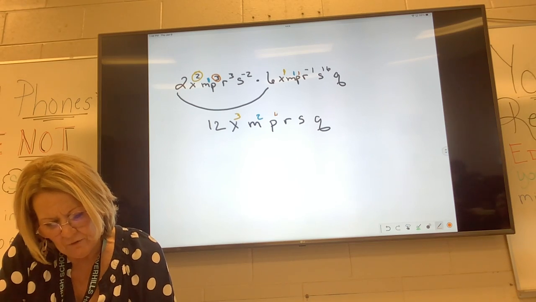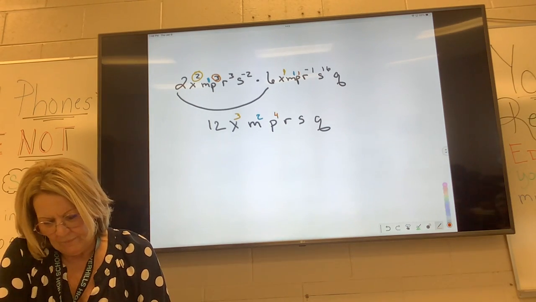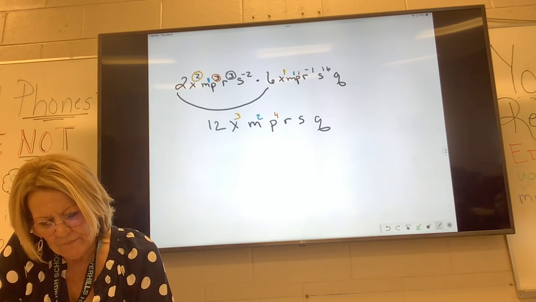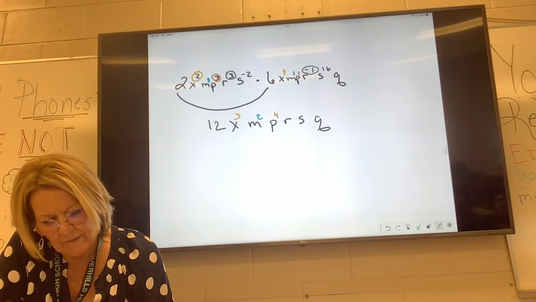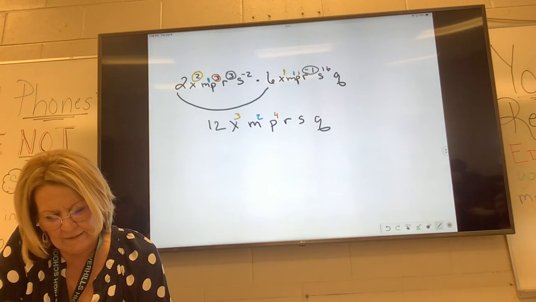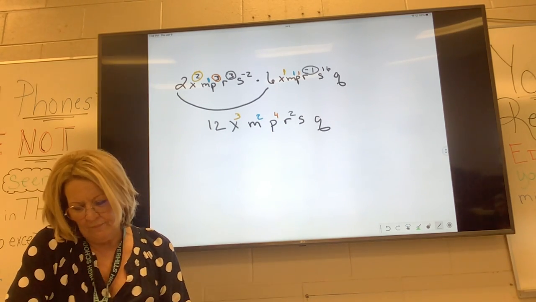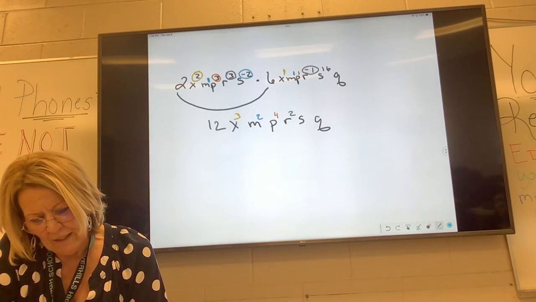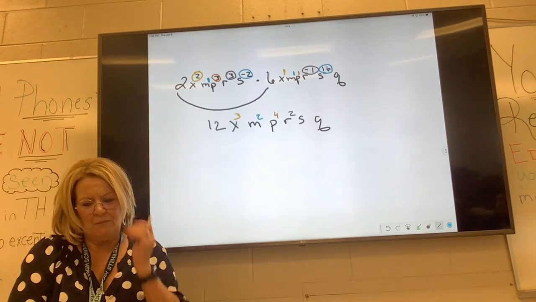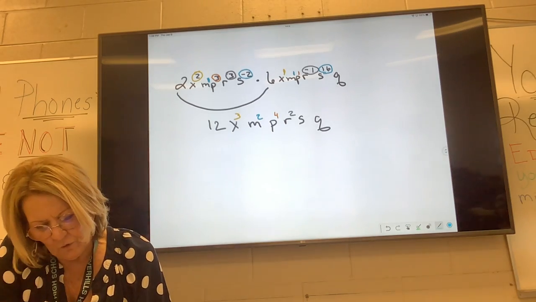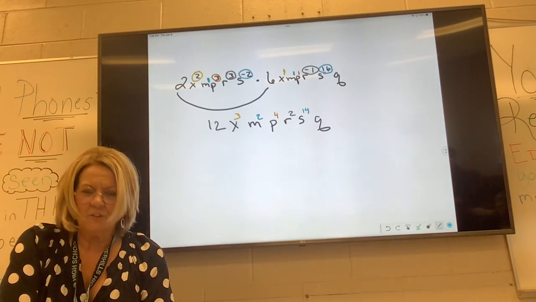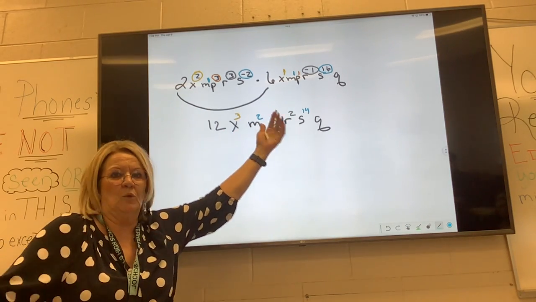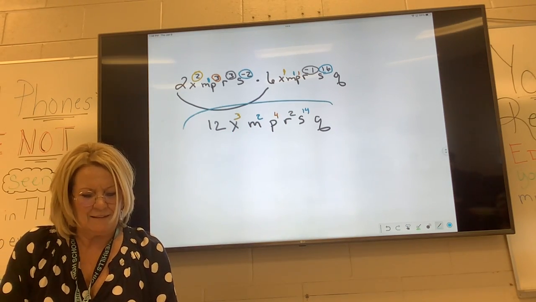That's a p to the 4. We have an r, 3 and a negative 1. That 3 plus negative 1 is 2. We have an s, negative 2 and 16. What's 16 plus negative 2? 14. We have no q on the left, but I do have a q over there, which is a 1, so I'm just going to leave it q. That is the answer.